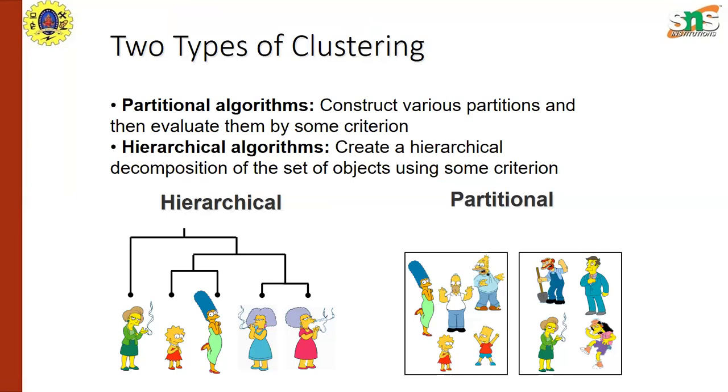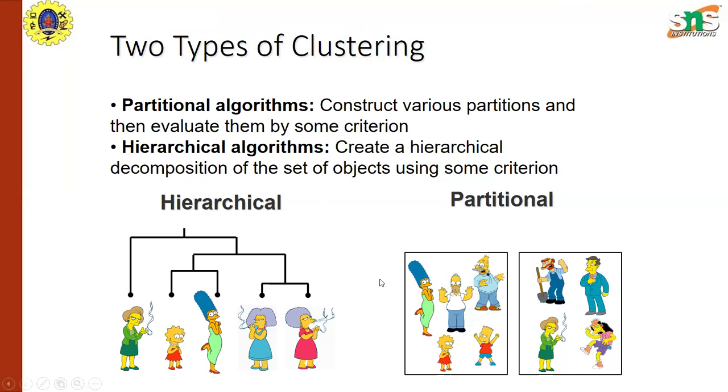The evaluation is done based on some criterion or based on the usage purpose. Then the hierarchical algorithm is used to create a hierarchical decomposition of the set of objects. That decomposition is done with some criterion.